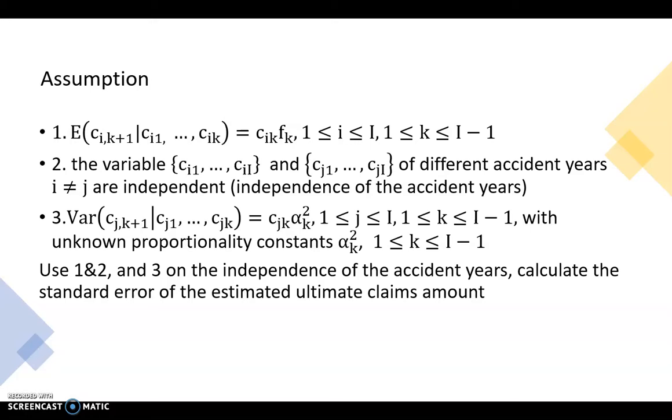However, our goal is to calculate the standard error of the estimated ultimate claims amount, using assumptions 1 and 2 on the independence of the accident years, and the last one we can calculate our goal, the standard error of the estimated ultimate claims amount, with which we can see how accurate our forecast is. So next, John will talk about these three assumptions further.